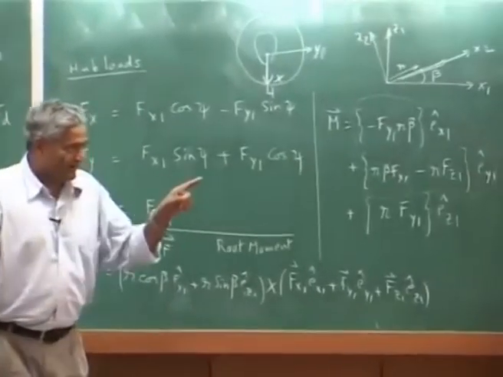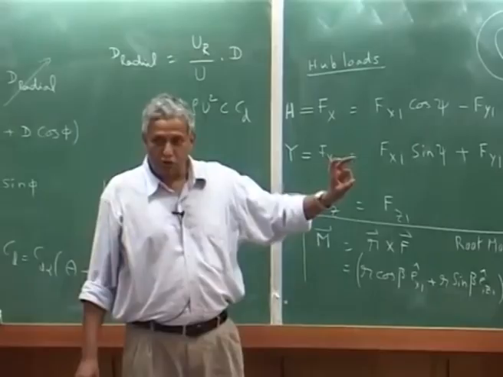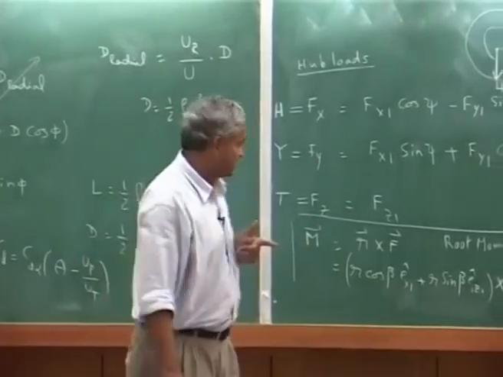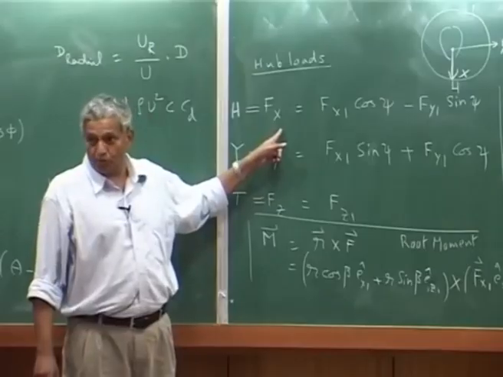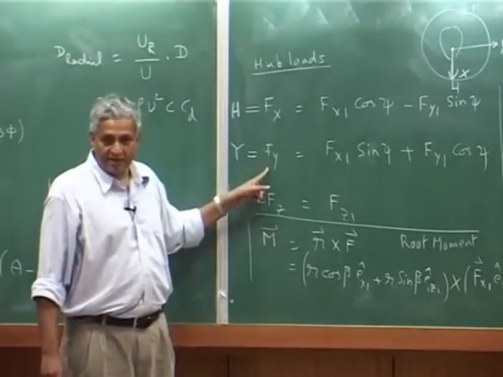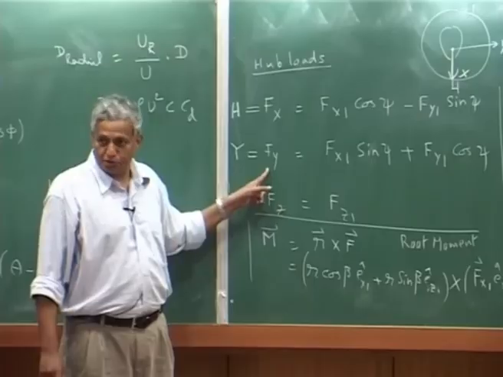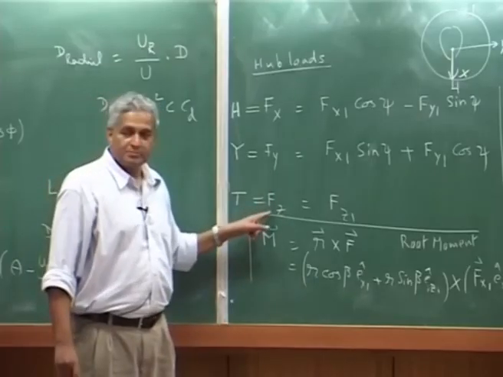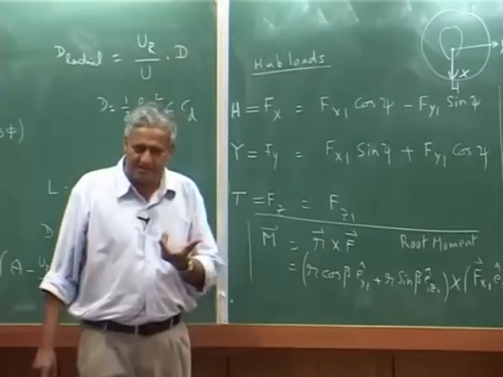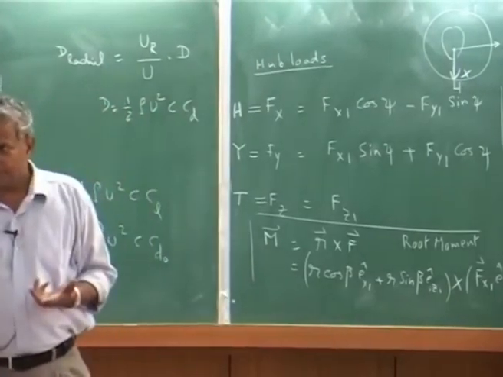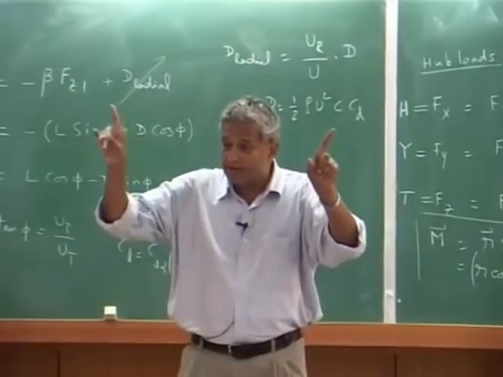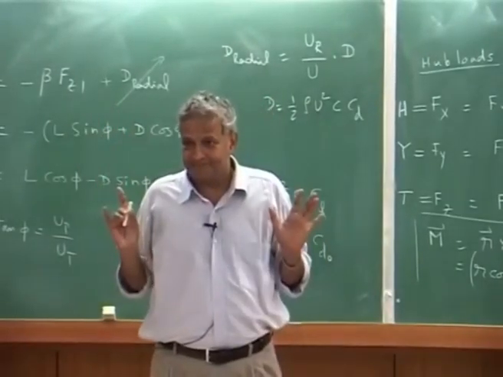Moment, I will write only the pitching and rolling moment, which are actually Mx will be the roll moment, My will be the pitch moment, and Mz is basically yaw moment, or you call it the torque, due to only the main rotor system, that is all.